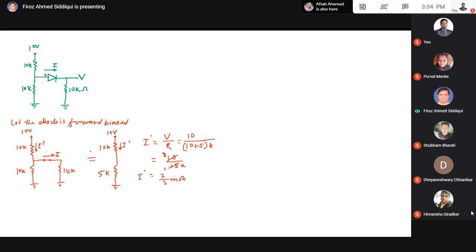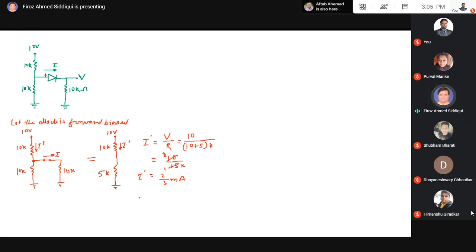But we need to find this I, we had to find the current. So what will I be? If you see this network, the current is coming up to this node, and here the current divides. And if you see, on this side also the same amount of resistor is connected, on this side also the same amount of resistor is connected. That means this current will be divided at this node into two equal parts. Half current will flow through it and half current will flow through this 10k resistor.